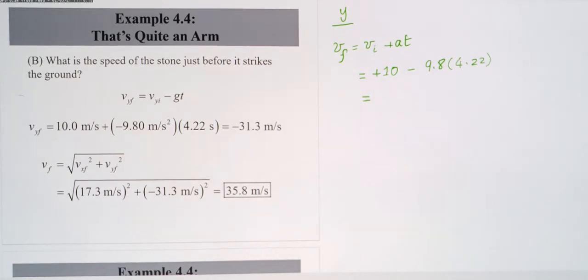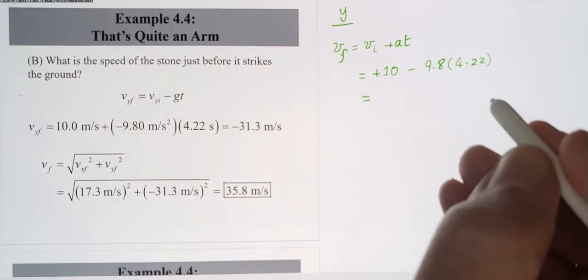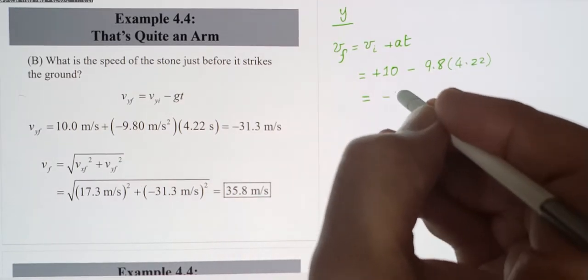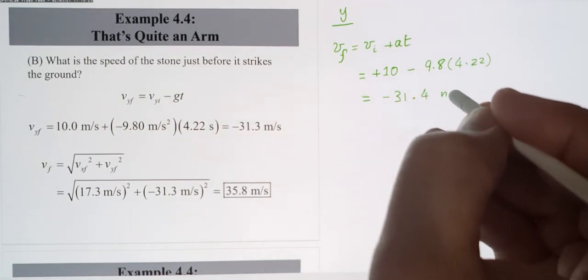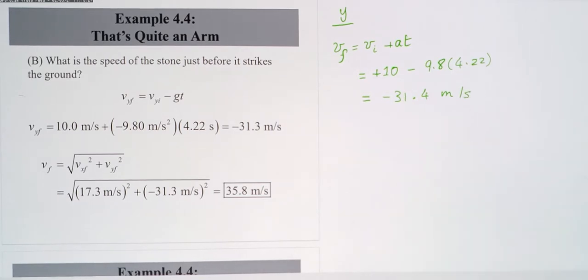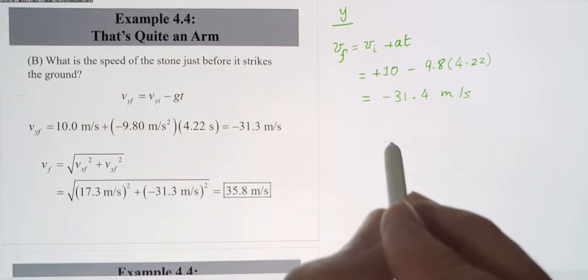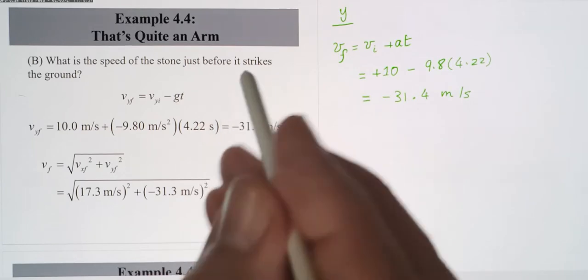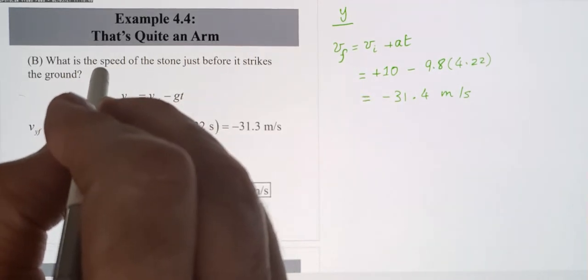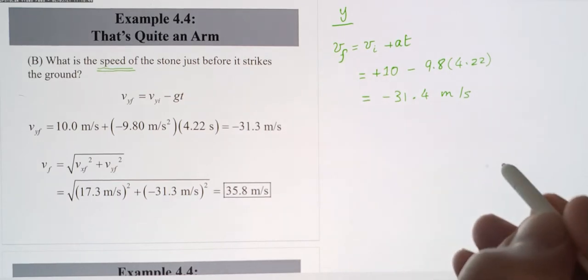Anybody can tell me? Okay, so the answer is minus 31.4 meter per second. And this is not the final answer, because he asked what is the speed. The speed when it hits the ground.